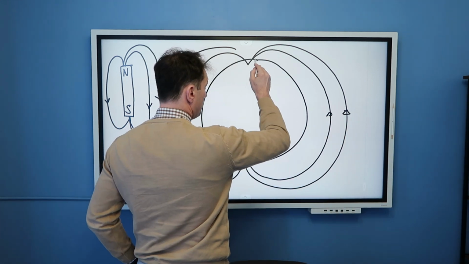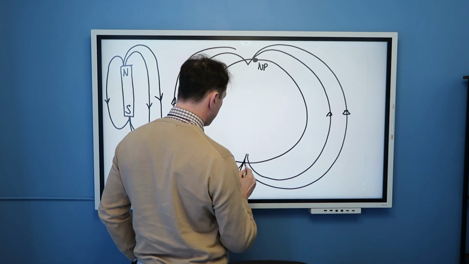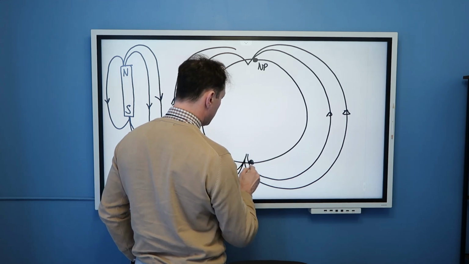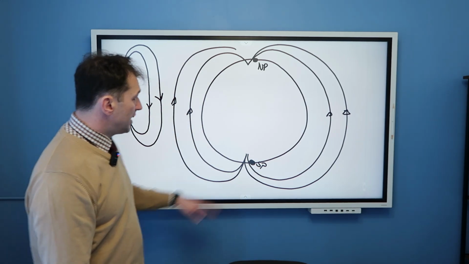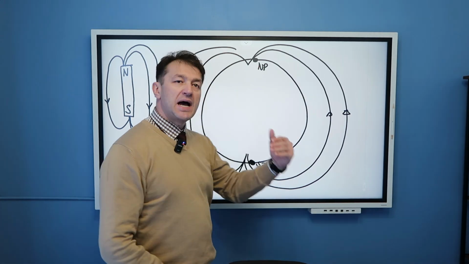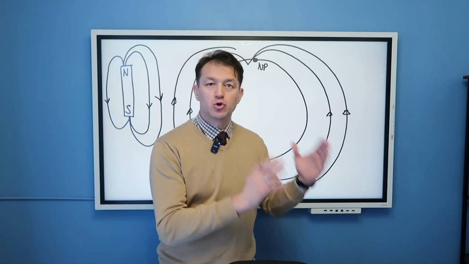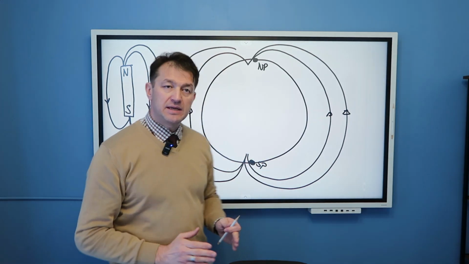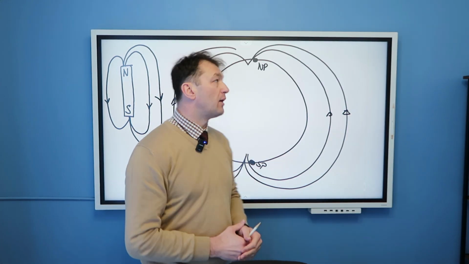I'm assuming that this over here is the North Pole, let's call it NP, and this over here is South Pole, let's call it SP. Now here by NP I mean North Geographic Pole, also known as true north, and SP is South Geographic Pole, also known as true south.